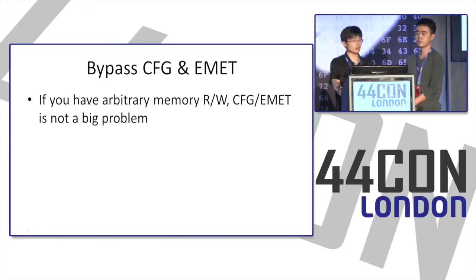The easiest way to do this is to hijack a valid call, which we can control the parameter of. And we can call some API such as VirtualProtect to set our shellcode to be executable. And then we can find a call which is not guarded by control flow guard and use this call to jump to our shellcode.